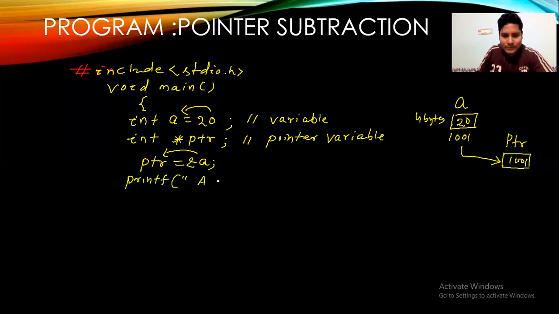Printf("address of a is = %d", ptr). The address of a will be ptr. That means it will show 1001.